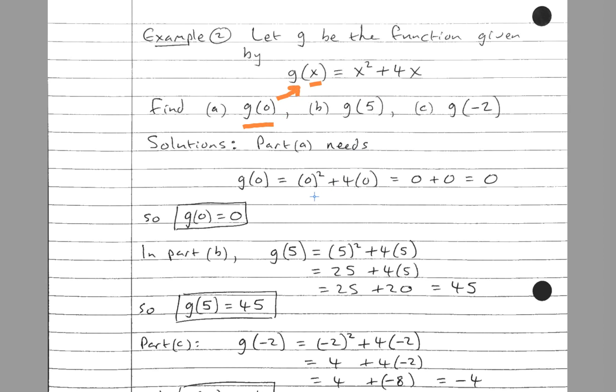And so on the right side, we're getting 0 squared plus 4 times 0. That's just 0 plus 0, 0. So the number coming back out is 0. So g of 0 equals 0. So 0 went in and a 0 came out.